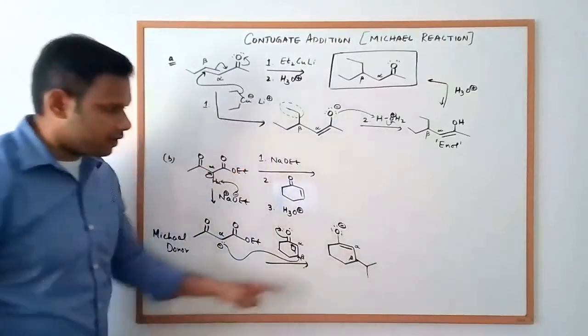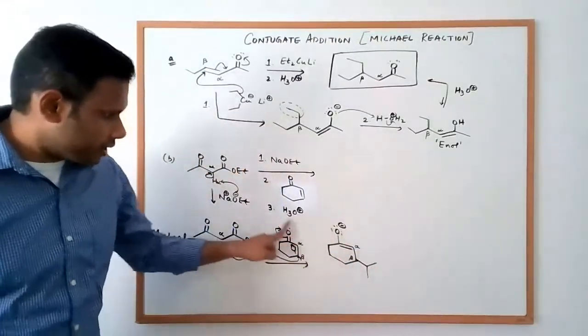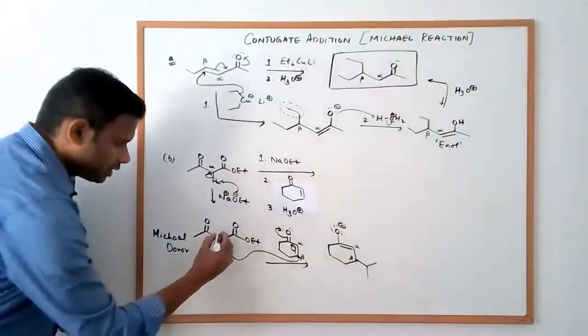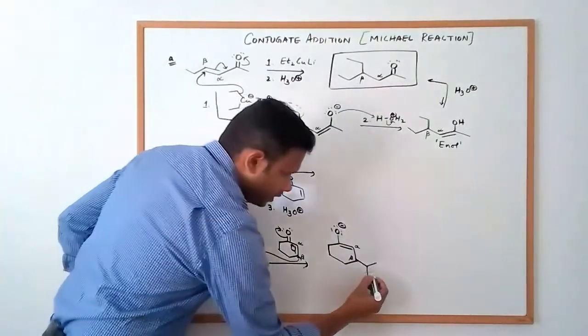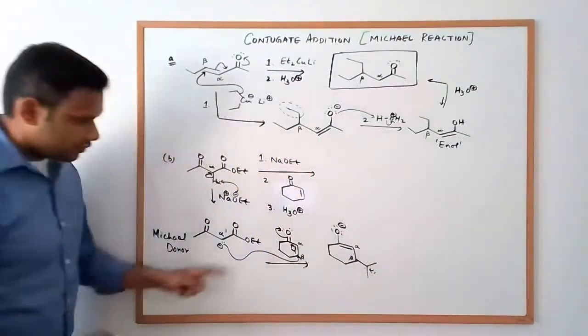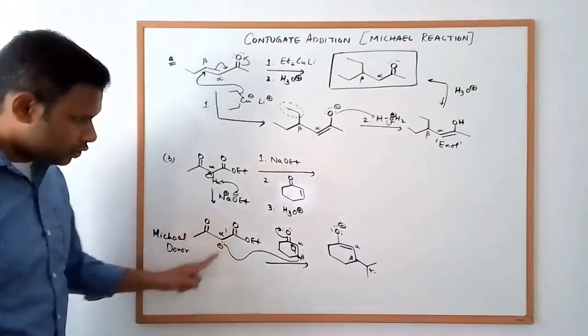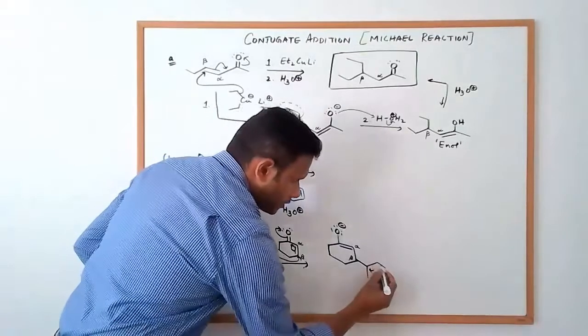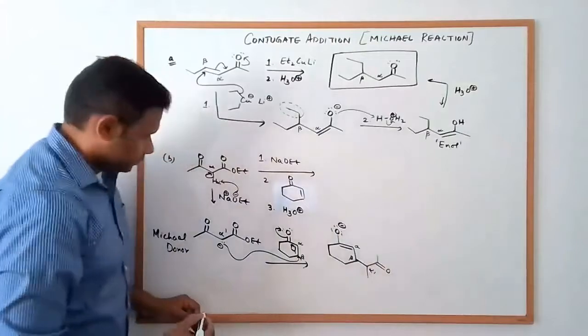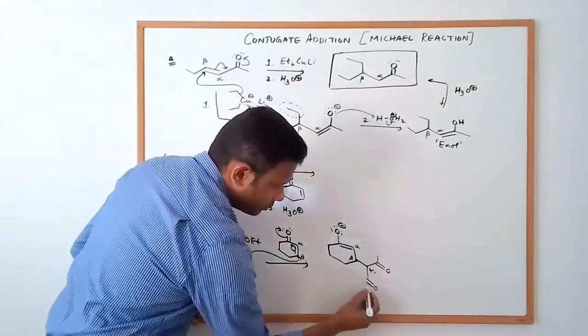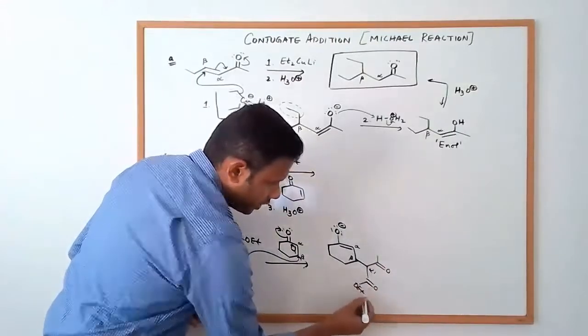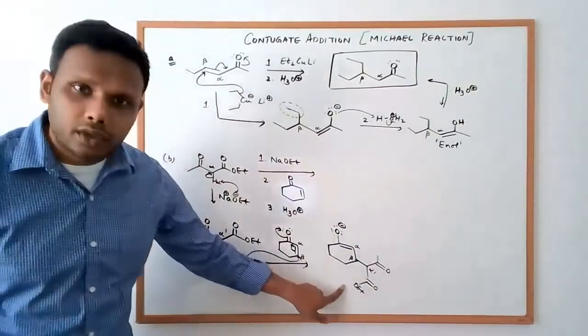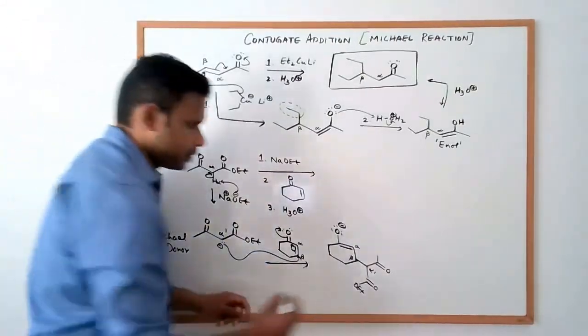This is the alpha of the alpha beta unsaturated compound. Maybe we can label this as alpha prime. And it is connected to the alpha prime carbon of this nucleophile here. And so we should have a double bond O, keto group, and we should have an ester group. So we're going to get that.